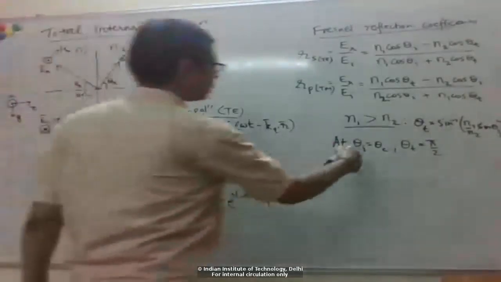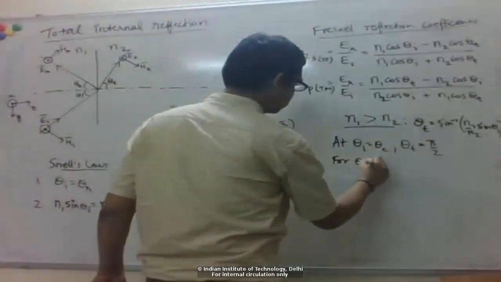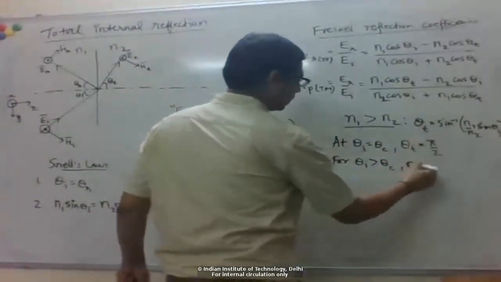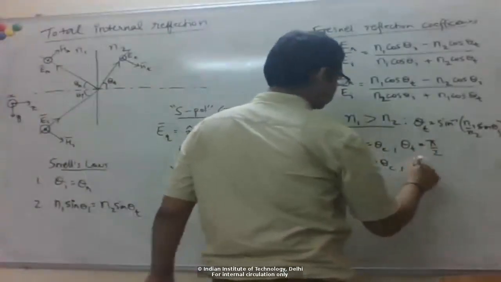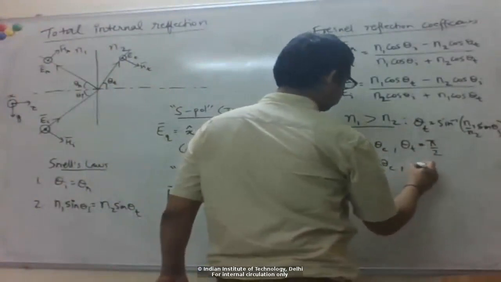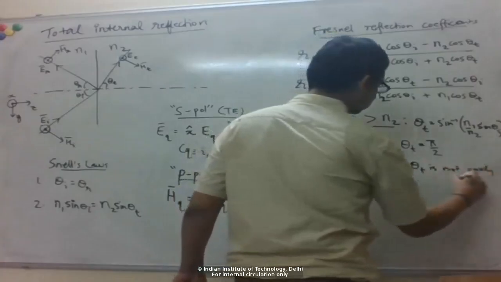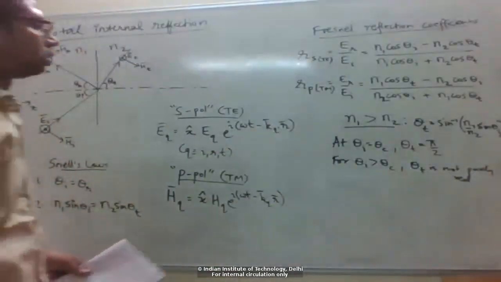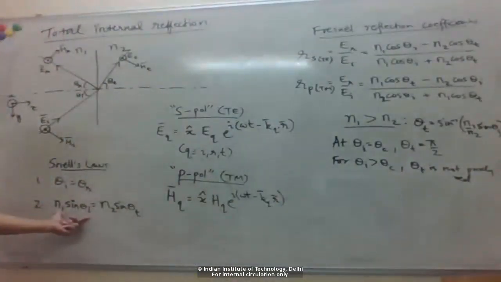right? And for angles greater than the critical angle, you can see theta t is not purely real, because n1 by n2 sin theta I becomes greater than 1.